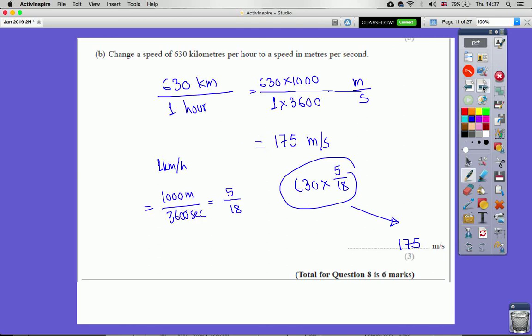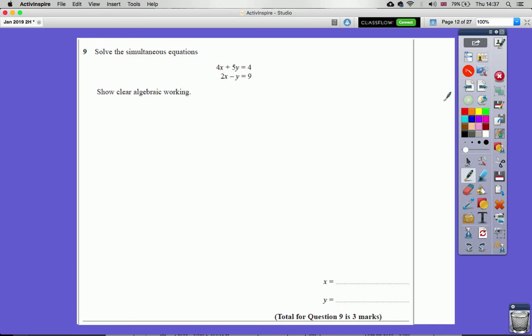Okay, question number 9. Solve the simultaneous equations. Show clear algebraic working. So you've got 4x plus 5y is equal to 4, 2x minus y is equal to 9. Here we can convert the minus y into 5y, or we can convert the 2x into 4x. So I'm going to make the y's the same.